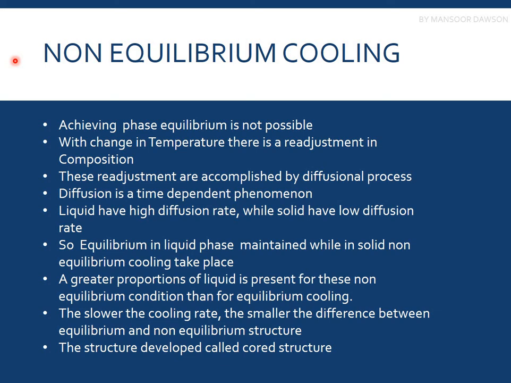With changes in temperature, there is a readjustment in composition again, and this is true as well. While we are changing temperature continuously, and the cooling rate is not defined very well, there are also some readjustments in the composition.